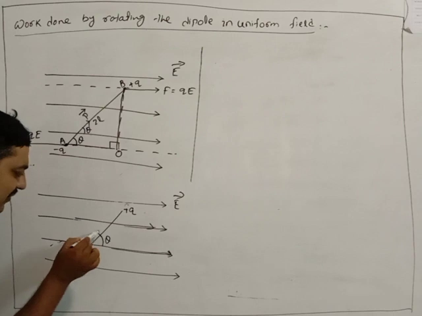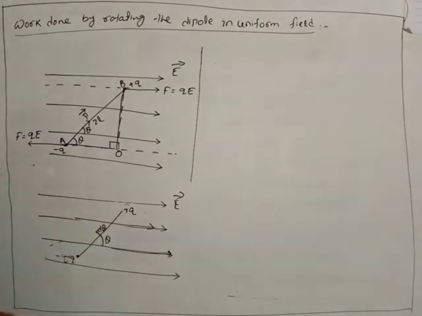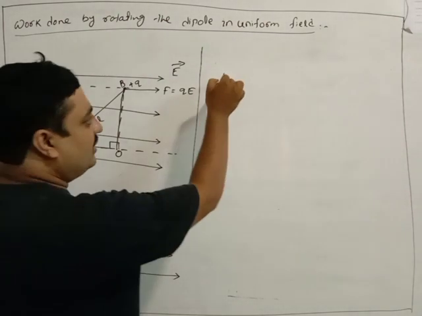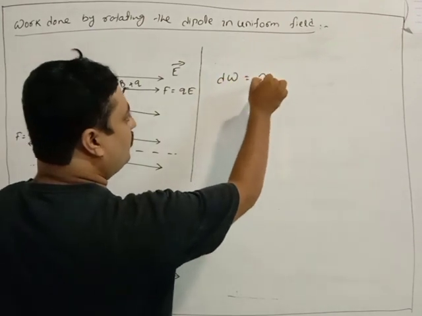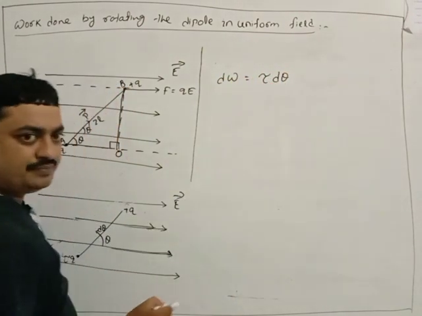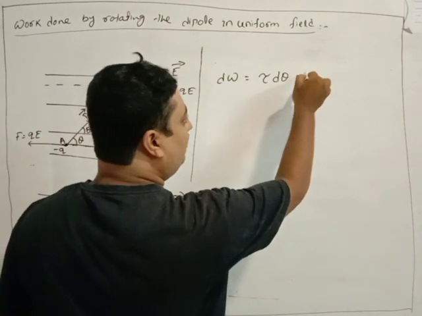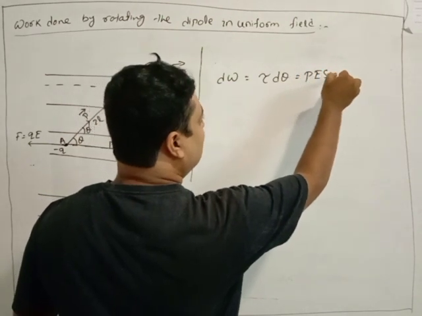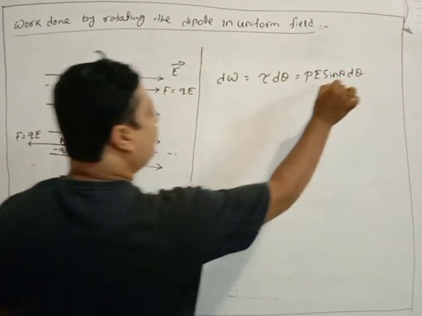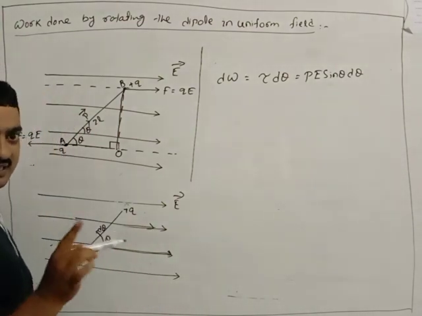If I give a small displacement d theta, then the work done dW equals tau d theta, but tau equals how much? P sin theta. So dW equals P sin theta d theta.